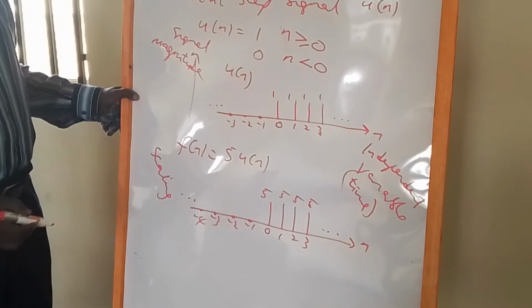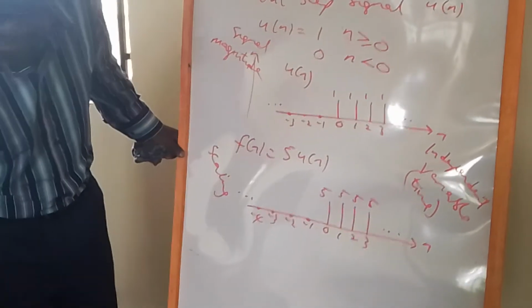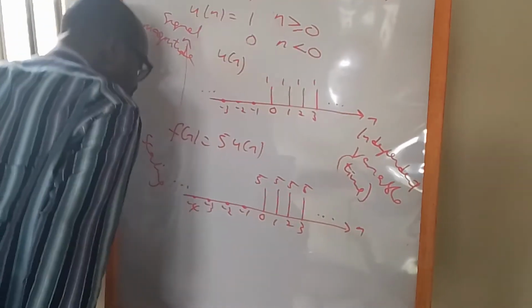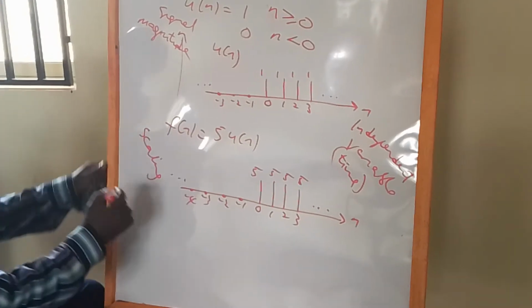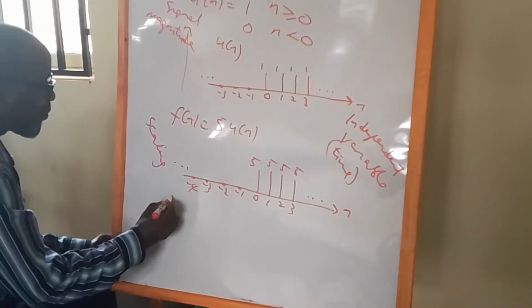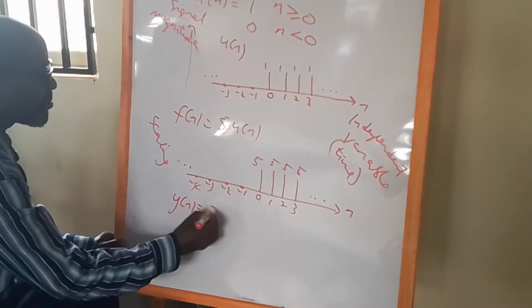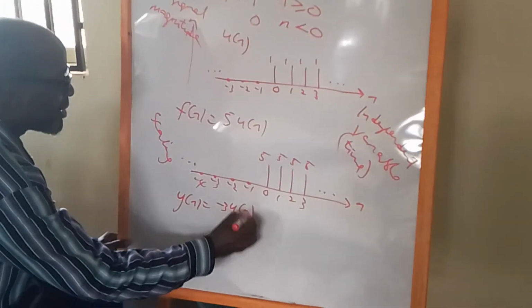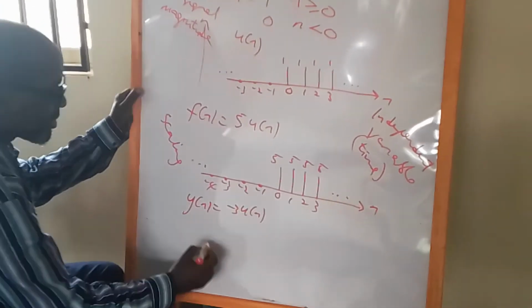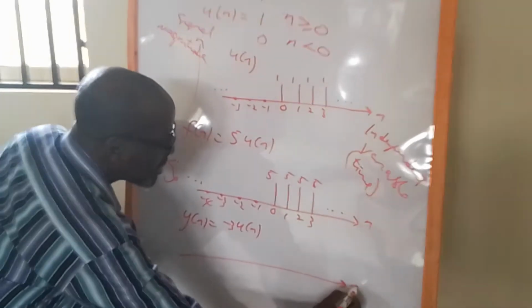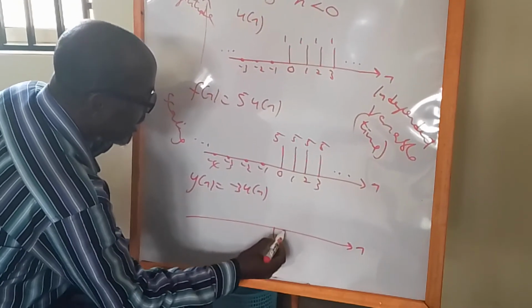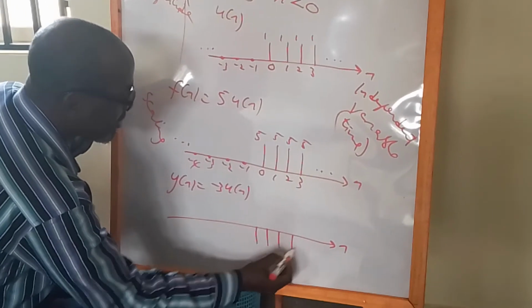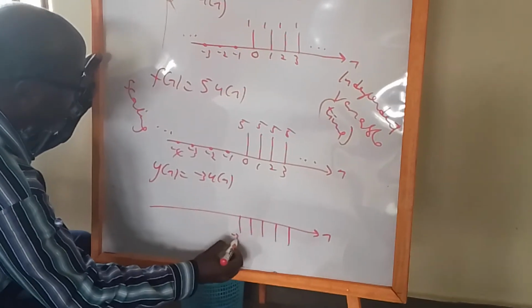You affect the magnitude of the signal. If I give you y of n equals -3u[n], that means this will look like this. This is n. It will go down. This will be -3.